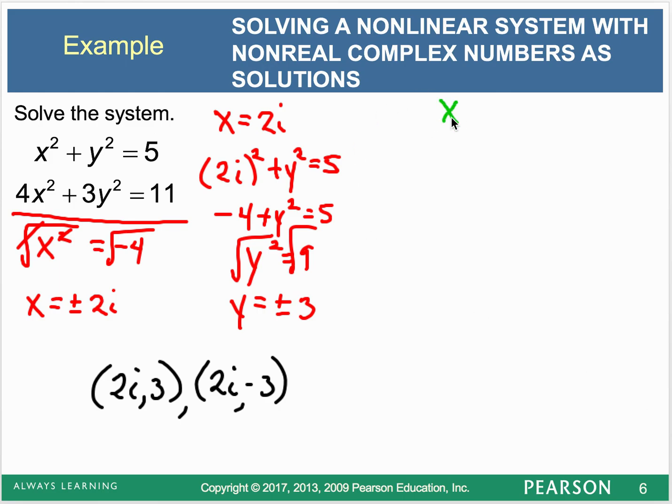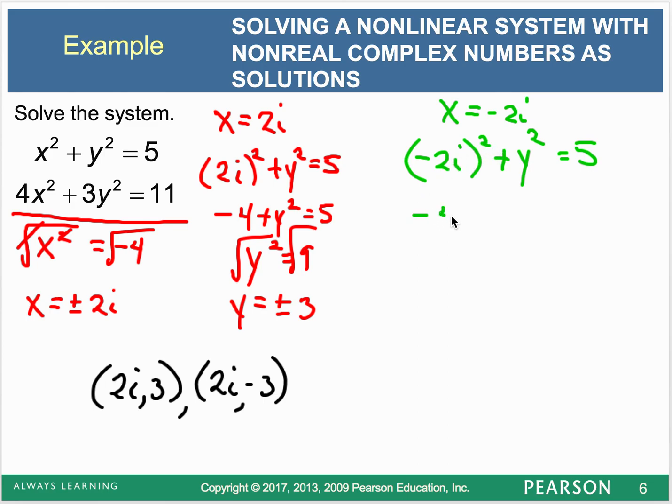Now, let's see what happens if x is negative 2i. Plugging it into that same equation, we get negative 2i squared plus y squared equals 5. Okay, well, this is going to be the same thing, right? Because if you square a negative, it's the same as that. So negative 4, because negative 2 squared would be 4, but i squared would be negative 1, right?